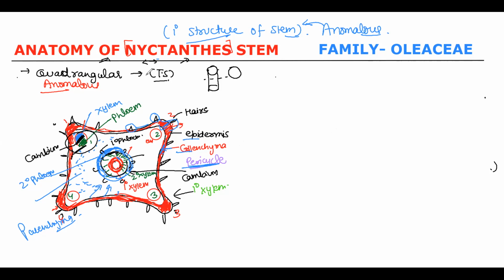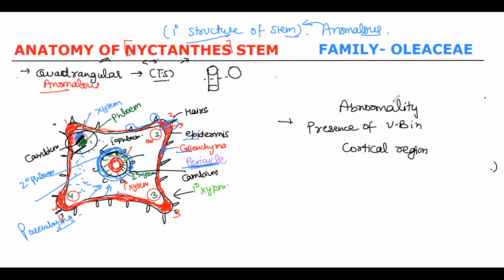So if I talk about the anatomy of the Nyctanthes stem, there are some points which can be used to identify the stem. Those are the presence of the vascular bundles in the cortical regions. In the cortical region, this is the abnormality, and it lies in the primary structure.